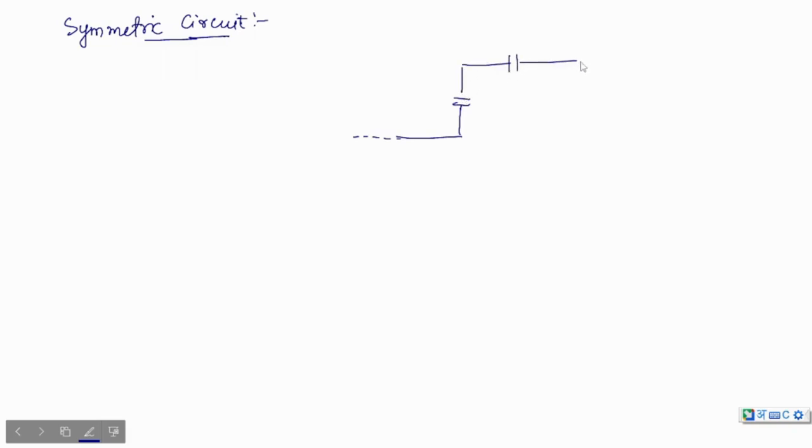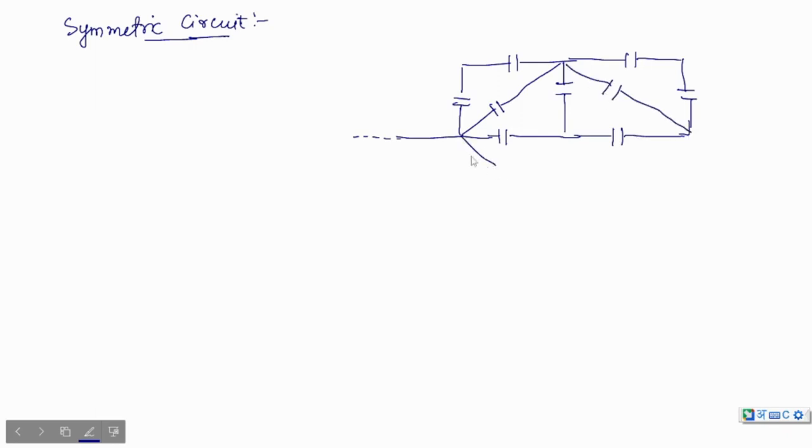Here, capacitors are connected, right? This is our circuit.